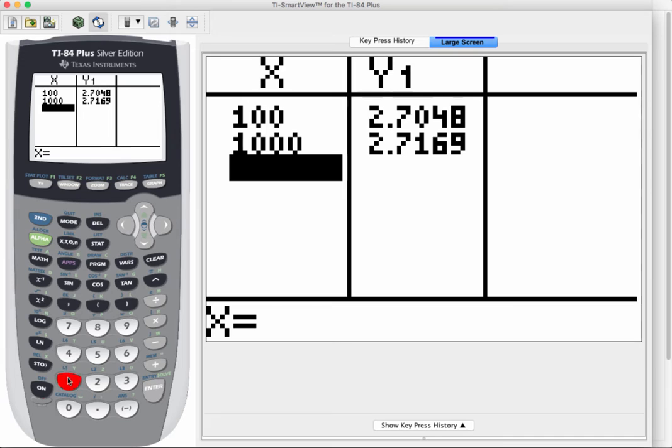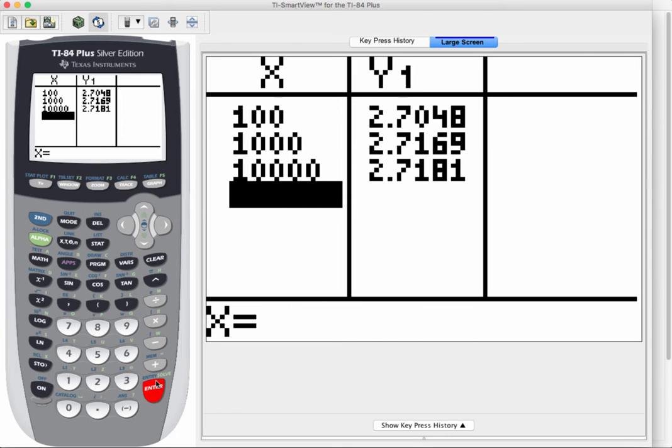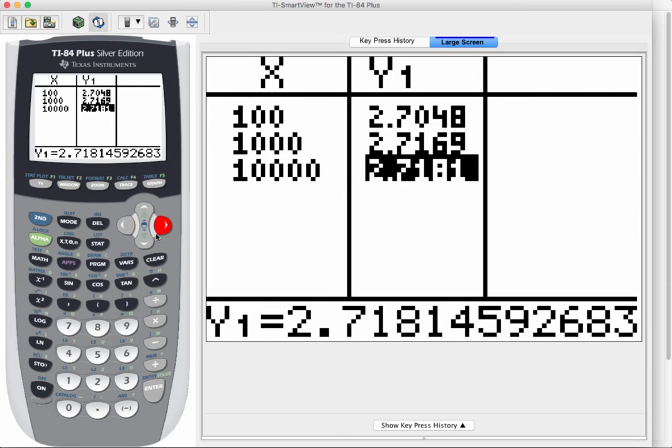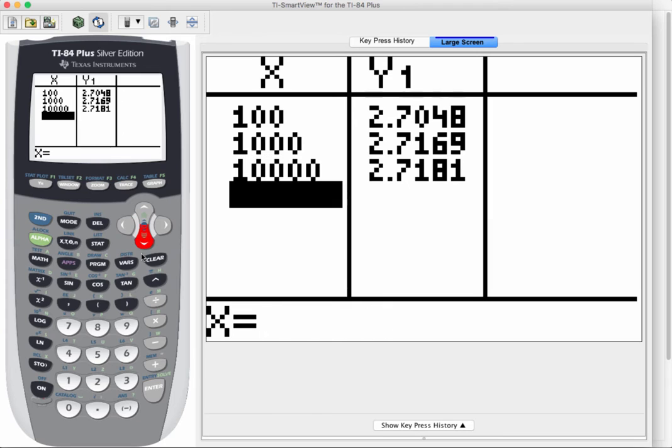Let's go up to 10,000. Let's keep going up by powers of 10. Now we're at 2.7181. We're getting really close. Notice that the larger the values of x we put in here, the closer and closer this expression gets to being equal to e.